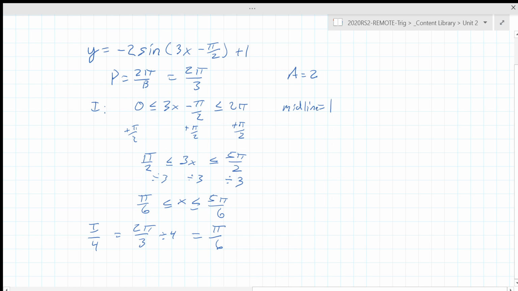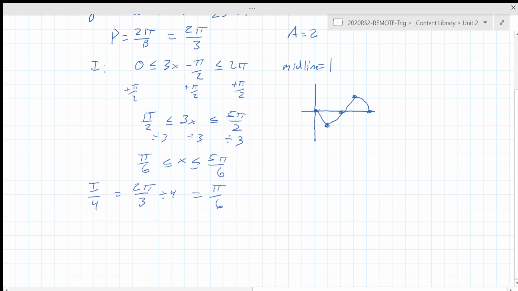And this is a negative sine function. So a negative sine function follows the pattern of starting at the midline, and instead of going up the amplitude first, you go down. So it's kind of like the reverse of that positive sine function. So that's the pattern we're going to follow, and we're ready to graph.